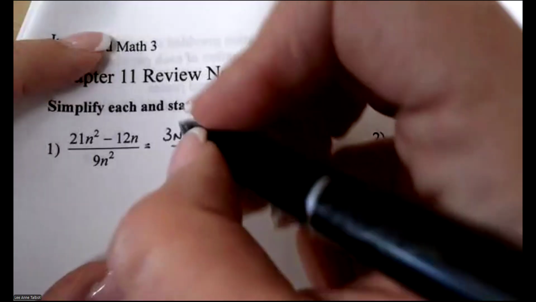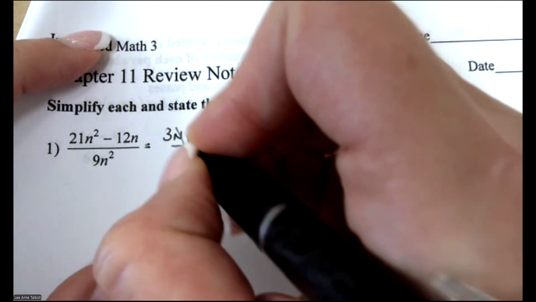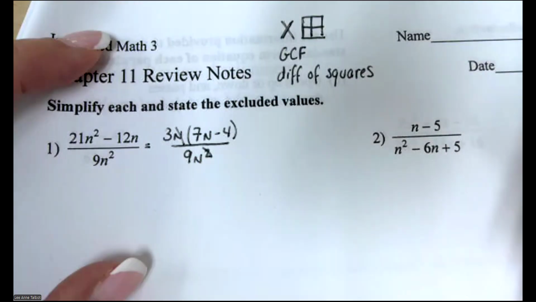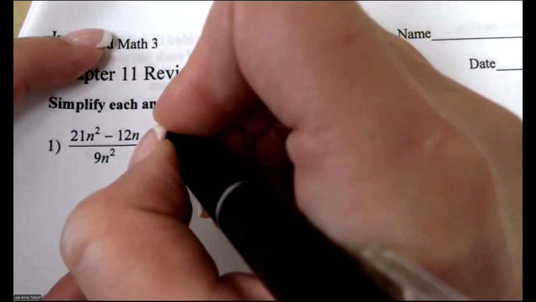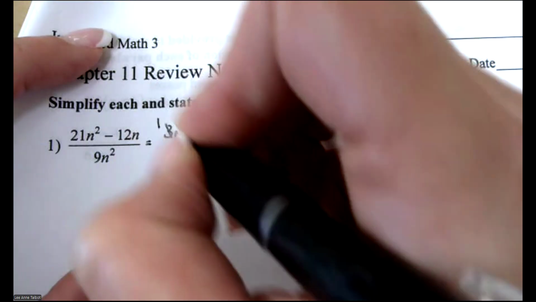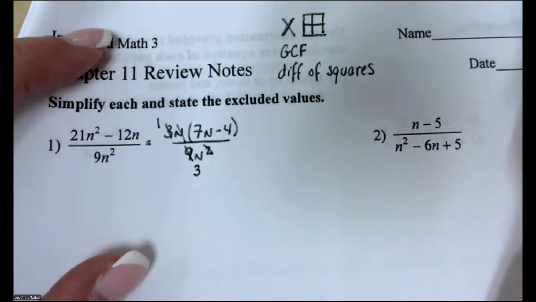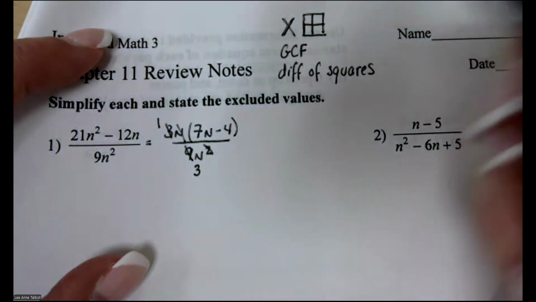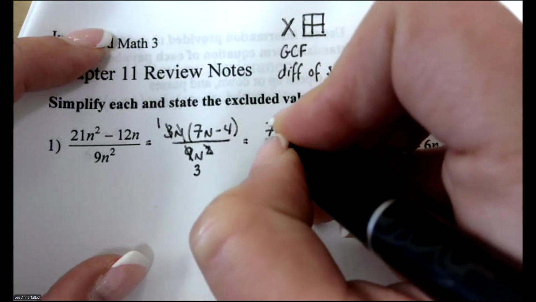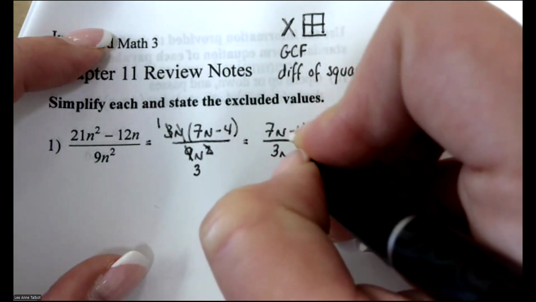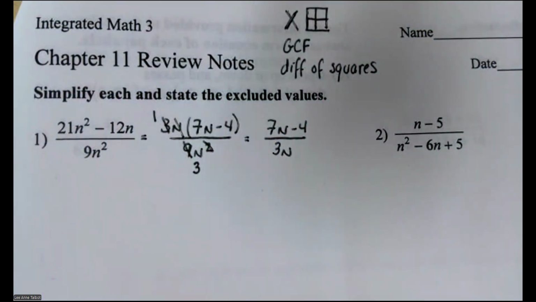Okay, and then I can reduce this N with one of those N's, and I can reduce this 3/9 to 1/3. So I am left with 7N minus 4 over 3N.